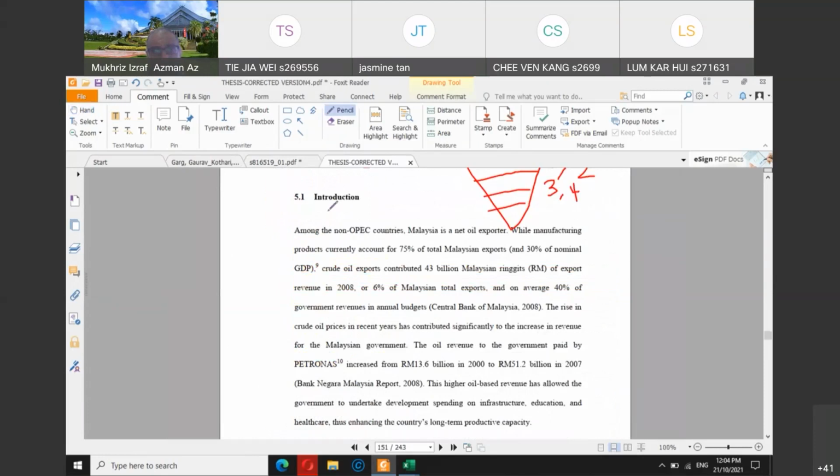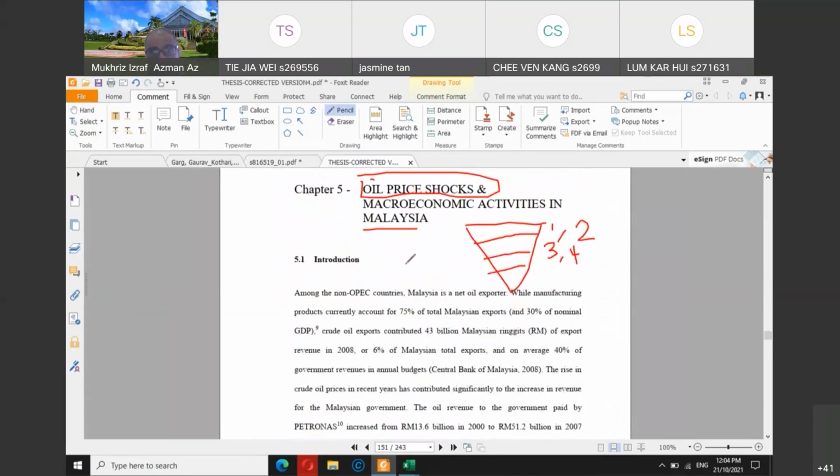But my introduction is just for this particular project. It's around 20, 30 pages of work. My thesis is around 240-something pages, but it's divided into many chapters, and this is one of the chapters.